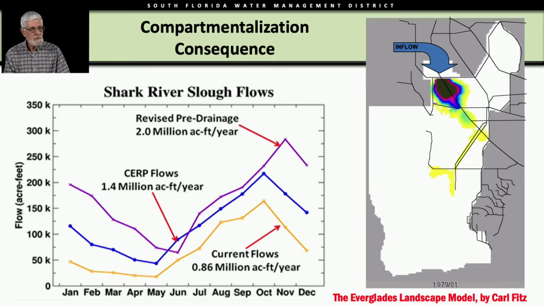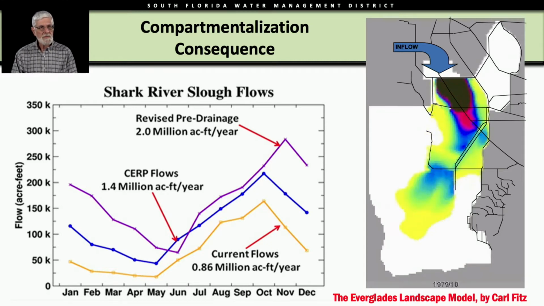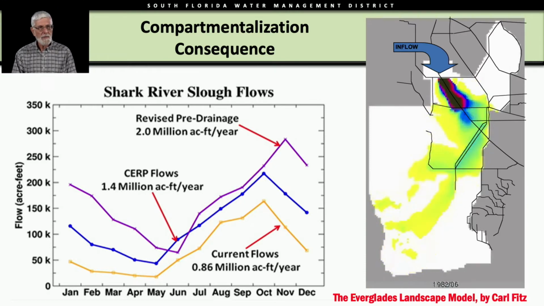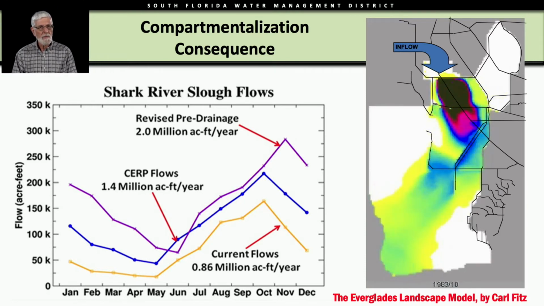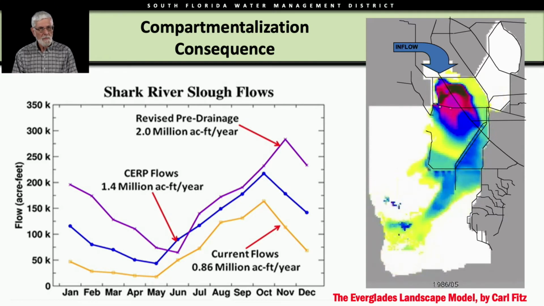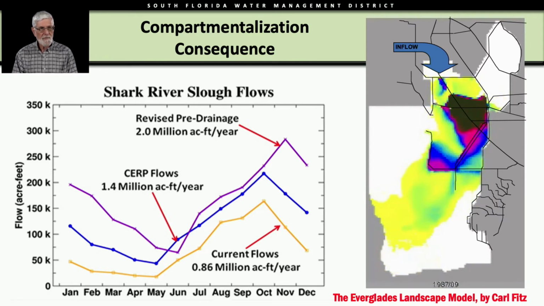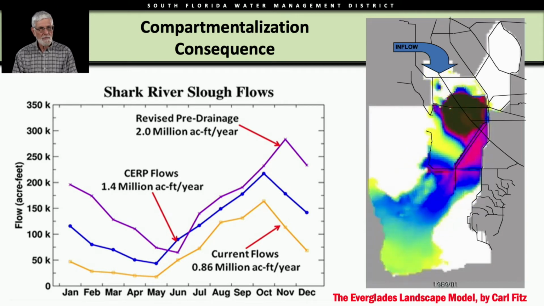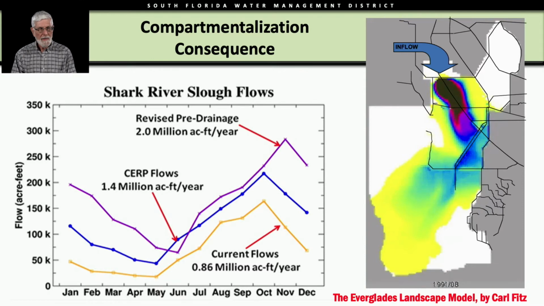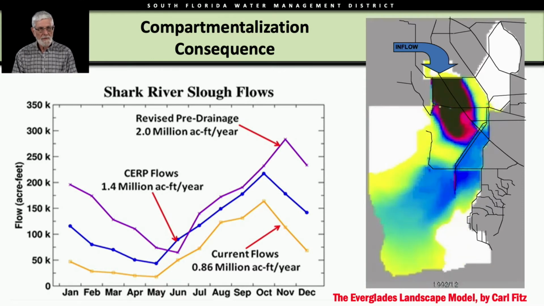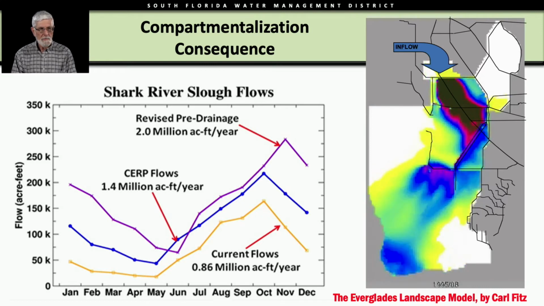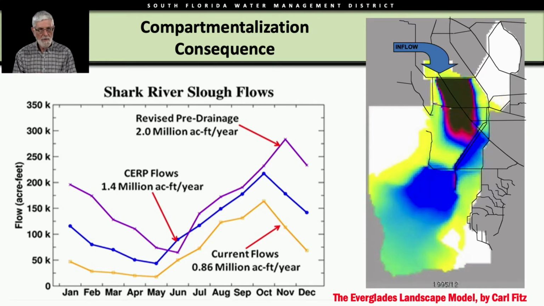The compartmentalization consequence is really seen nicely here in this simulation of a tracer put in at the very top of 3A, and then following how the water pulses through the ecosystem during a wet and dry period, how it hugs the canals, and how it's being pushed more towards the western part of Everglades National Park.